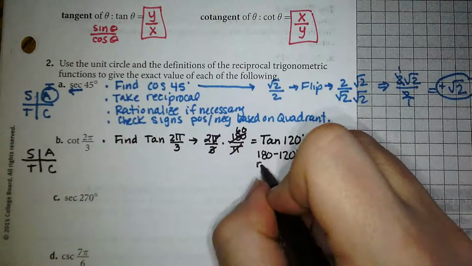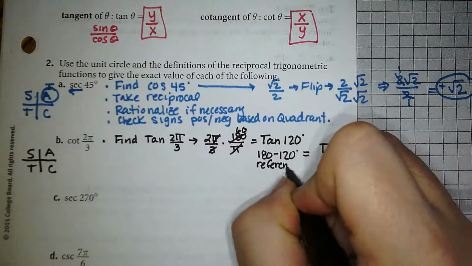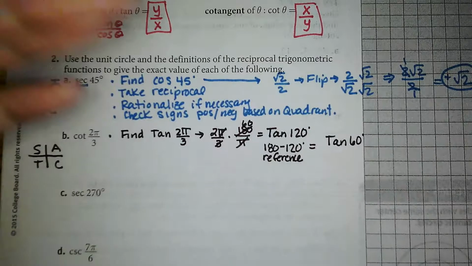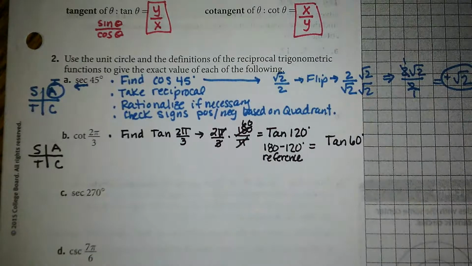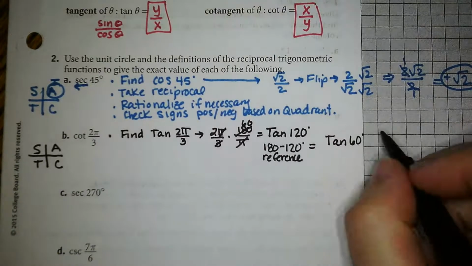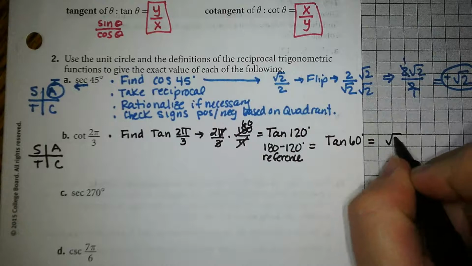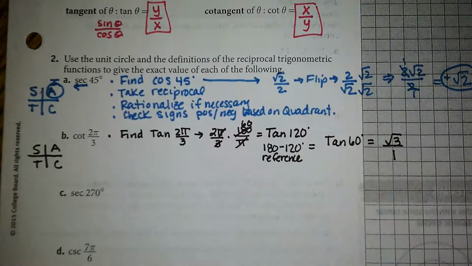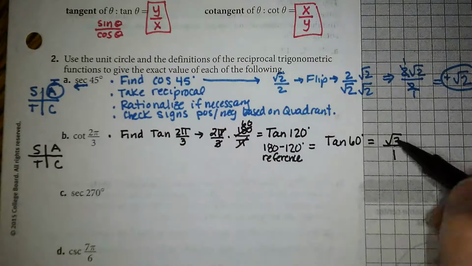Okay, so this is the reference angle. All right, so now I need tangent of 60. So I'm going to do my 60 degrees. So that's this one. Tangent should be radical 3 over 1. Tangent of 60 is radical 3 over 1.